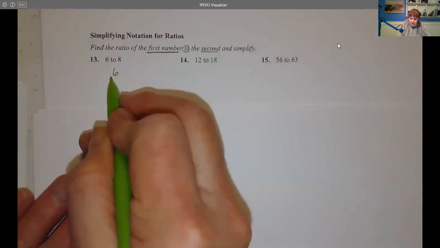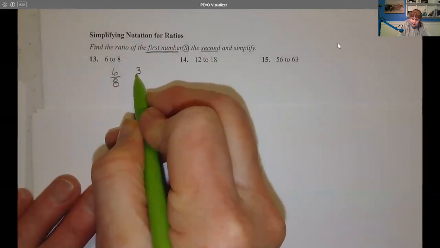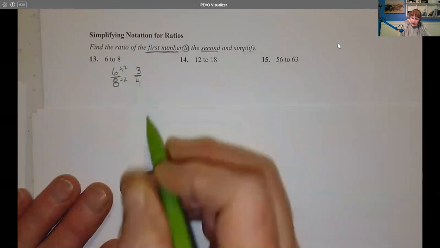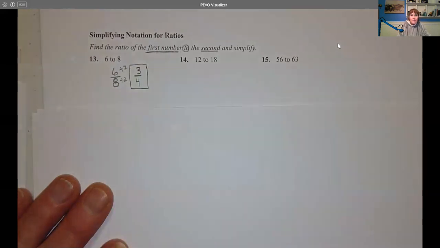So 6 to 8, and then we're going to reduce it. Divide them both by 2. So we get 3 to 4. There's nothing else that will go into those. So your answer is 3/4 or 3 to 4.